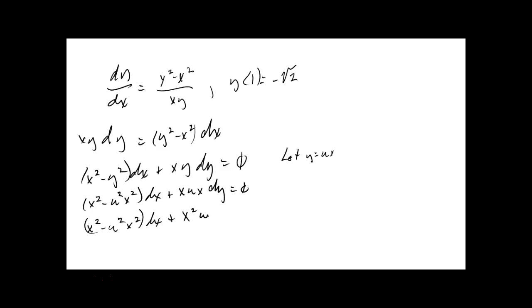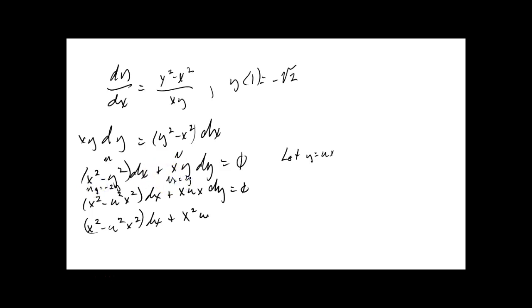See, we already did our M sub y and N sub x when we were testing. This is your M, this is your N, and M sub y would be minus 2y, and N sub x is just y.